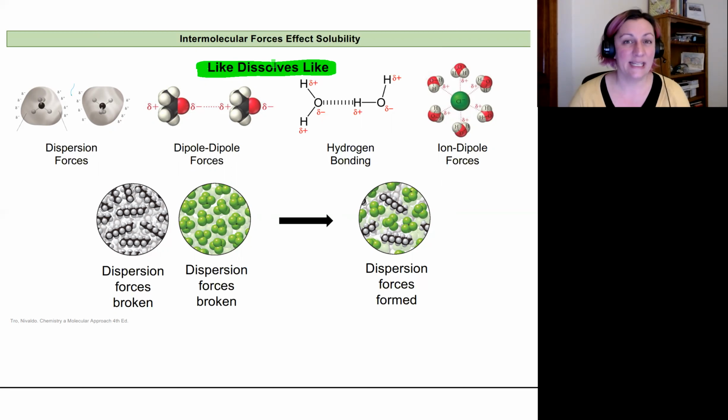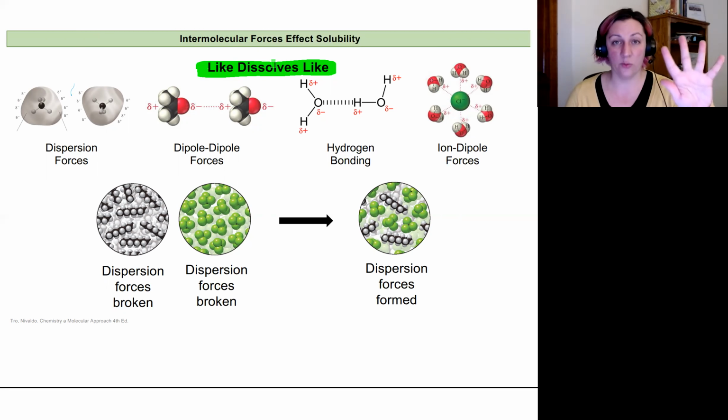But we can take it to a more granular level, and say that things that have similar intermolecular forces will combine and form a solution with other molecules that have similar intermolecular forces, because the amount of energy it takes to break apart intermolecular forces is the same energy that is released when you bring them back together.